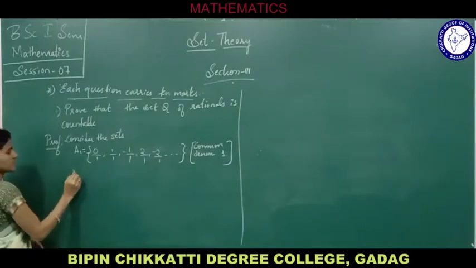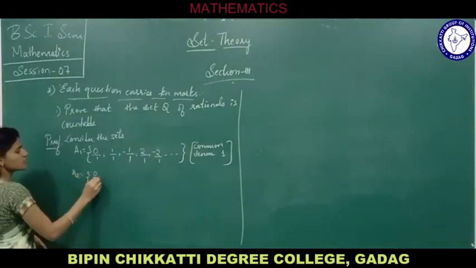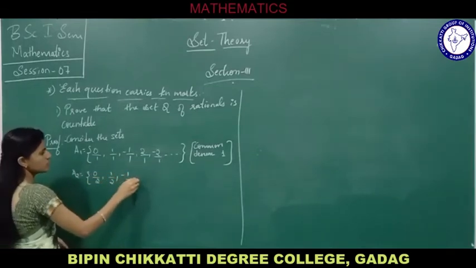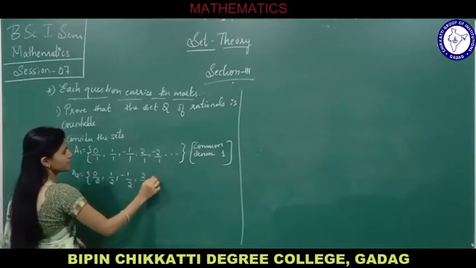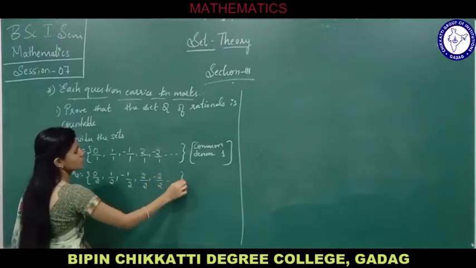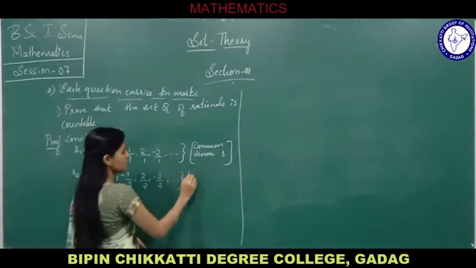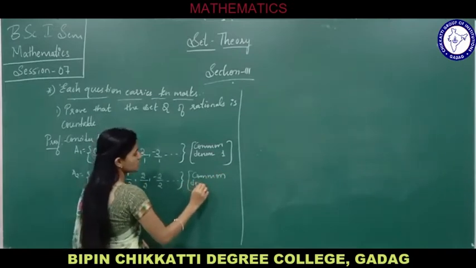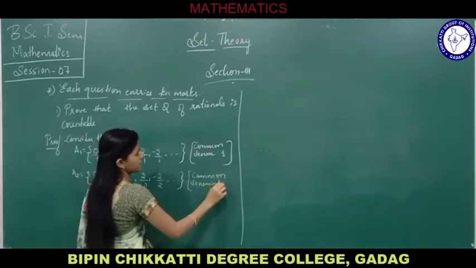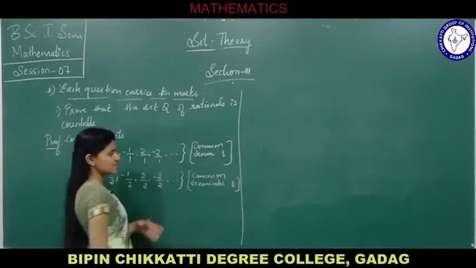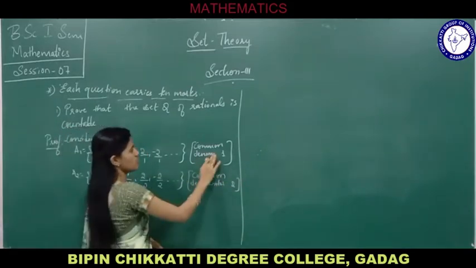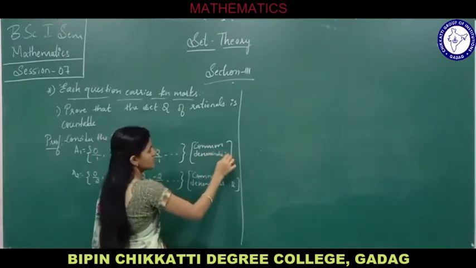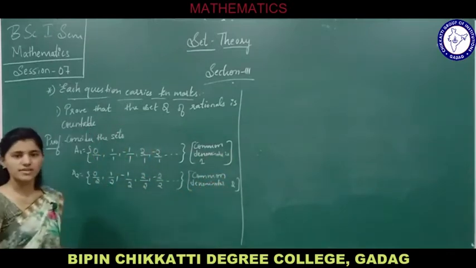The same way we can consider set A2 like 0/2, 1/2, minus 1/2, 2/2, minus 2/2, and so on. Like that, here we got common denominator as 2.